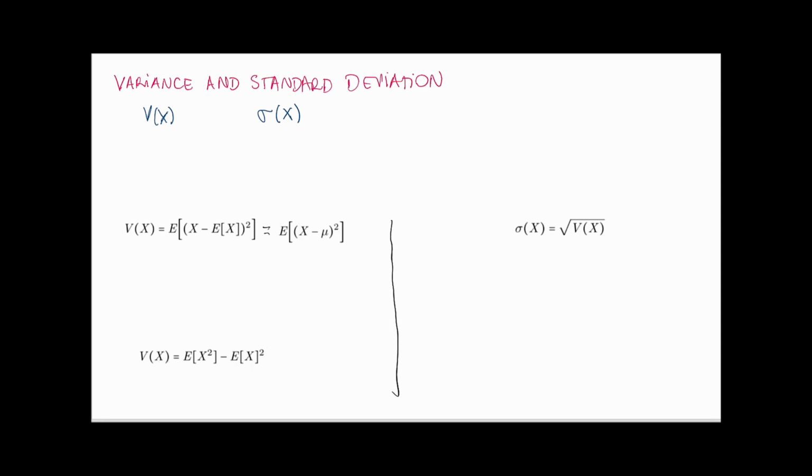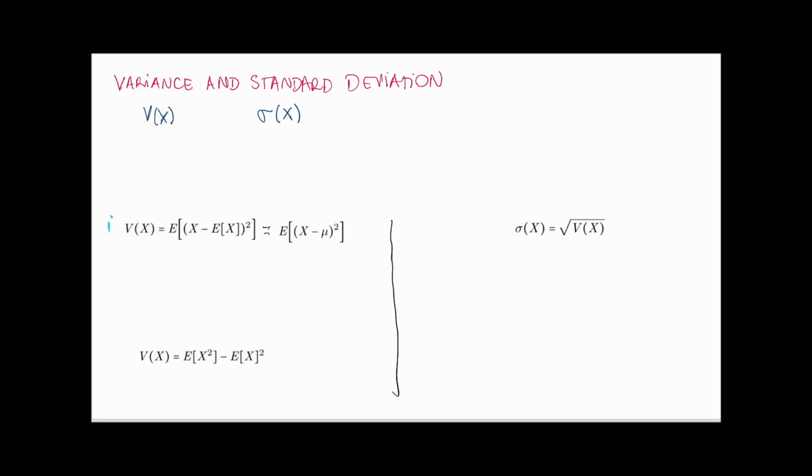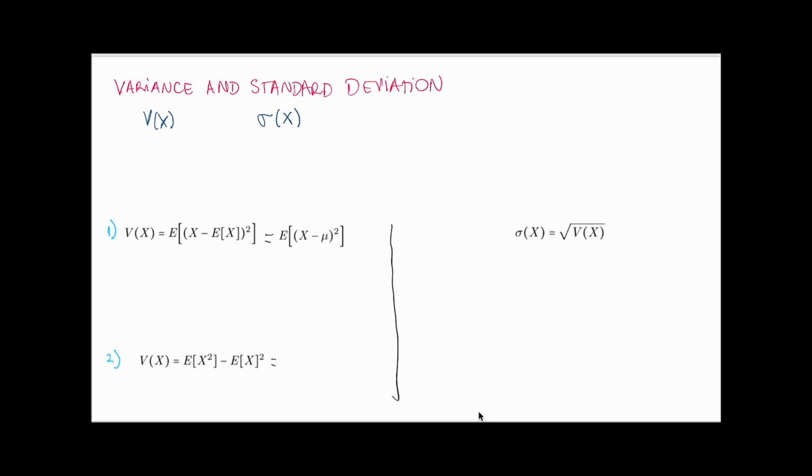Okay, so how to calculate variance? Well, there are two ways to calculate variance. Both formulas will result in the same thing. Let's talk about formula number one, how to calculate the variance.